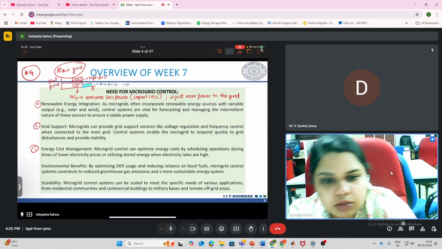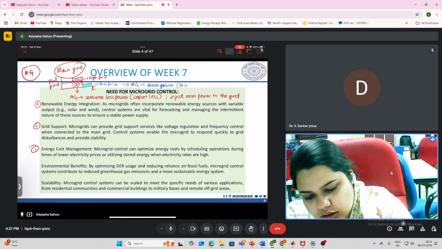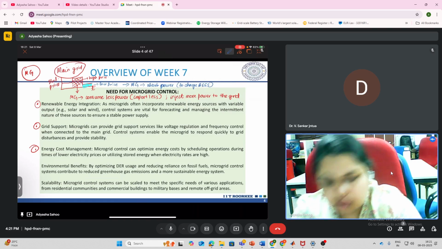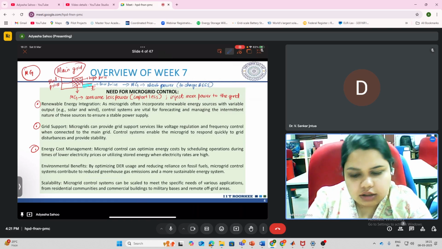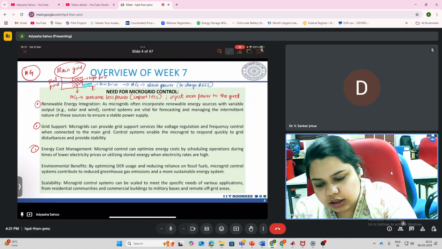In these low price time periods of the day, the microgrid will try to absorb power to charge the battery if it has one, because it is trying to buy power at a cheaper price during this interval and sell electricity back to the main grid at a higher price during this interval.